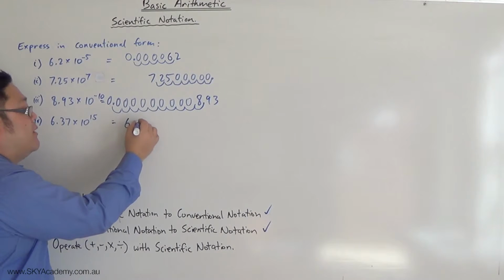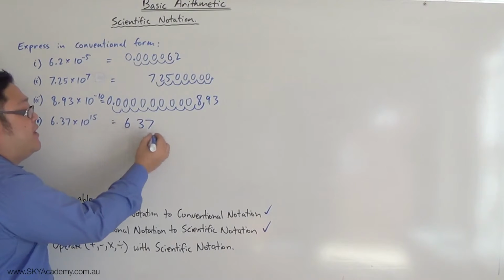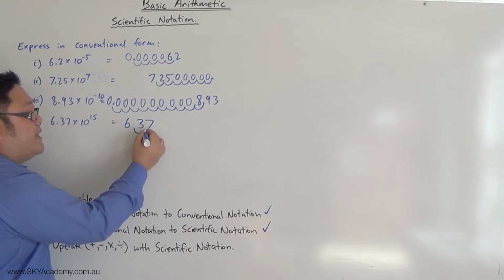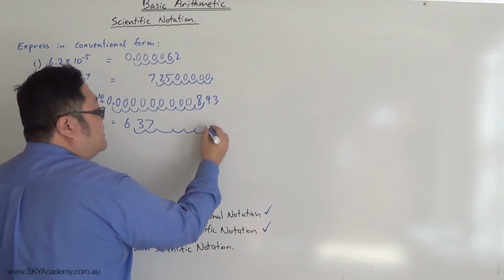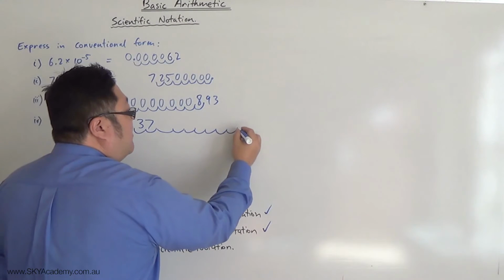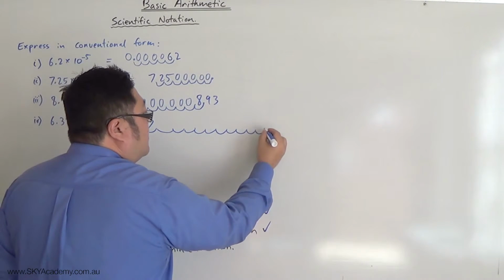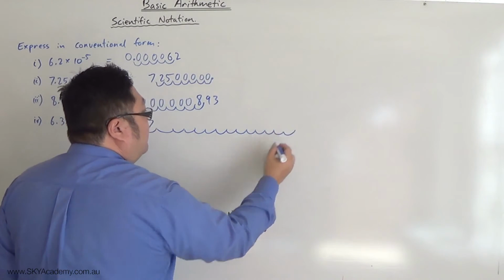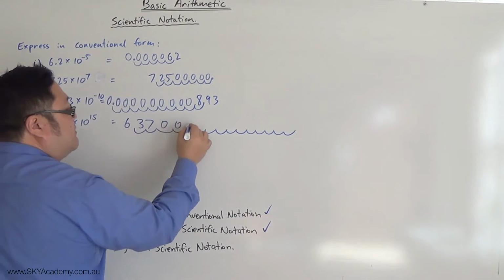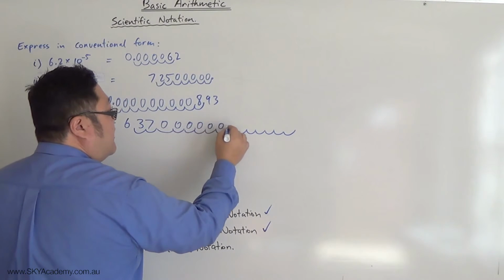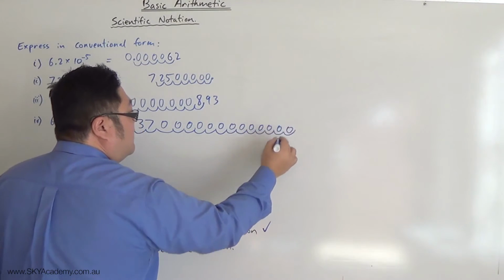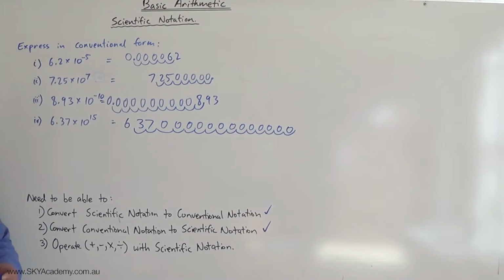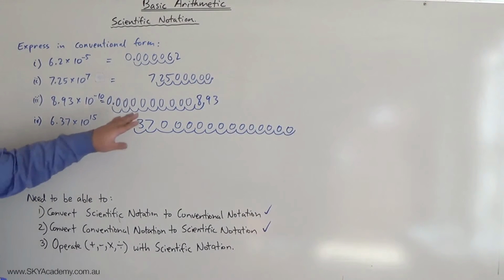So it's 6.37 and we're going 15 places to the right: 1, 2, 3, 4, 5, 6, 7, 8, 9, 10, 11, 12, 13, 14, 15. So we put zeros in between, and that is an astronomically big number.